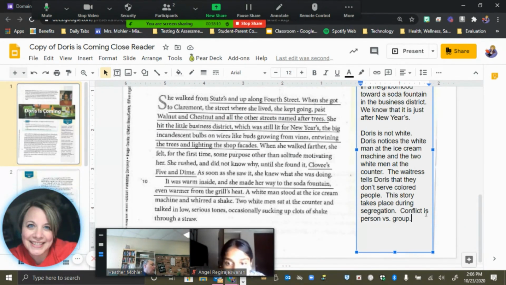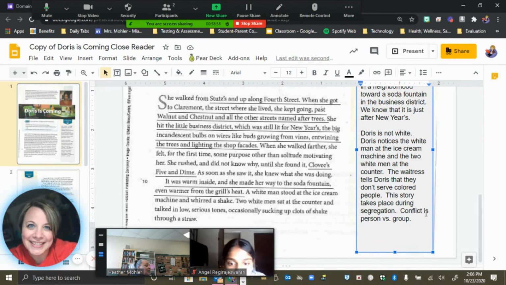And I want you to think about this. Think about Doris, right? She is a young girl. She has walked to this soda fountain. She didn't take a cab. Nobody dropped her off. She didn't ride a bike. She doesn't have roller skates. Girl is not making a quick getaway if something goes down. She walked there knowing she wasn't going to be served.